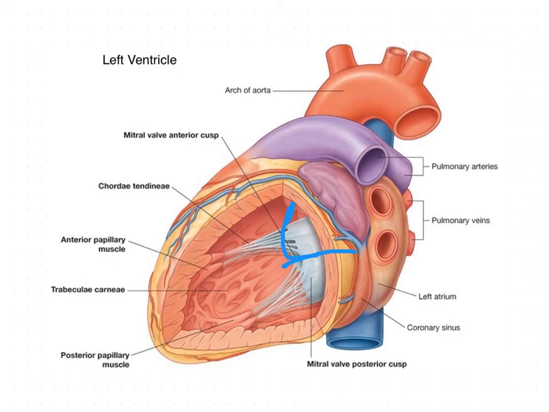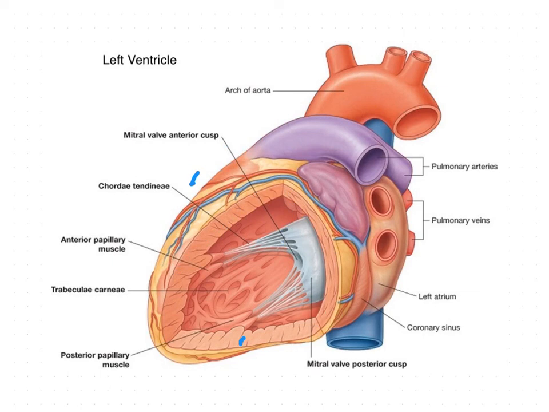And the features you can see externally: the left ventricle has 3 surfaces. One is the anterior surface, the sternocostal surface; the inferior surface, the diaphragmatic surface which sits on the diaphragm; and also the left surface, which is mainly formed by the left ventricle, as I have shown earlier.